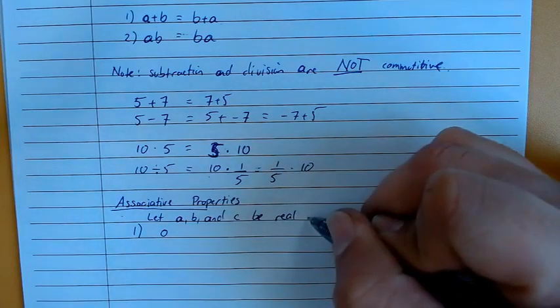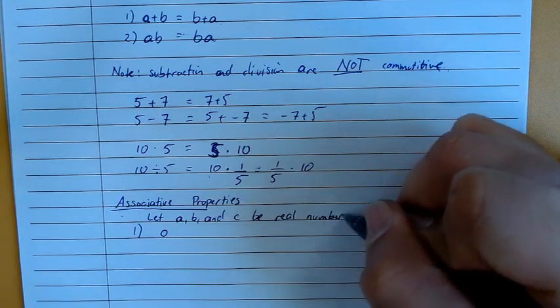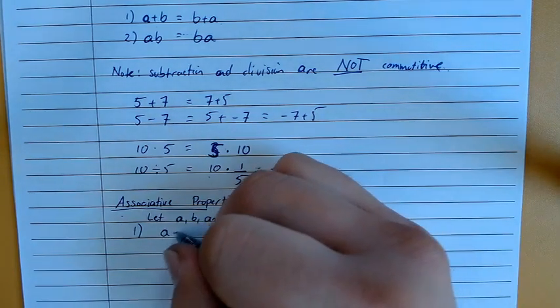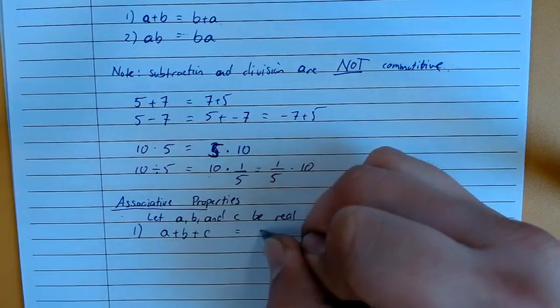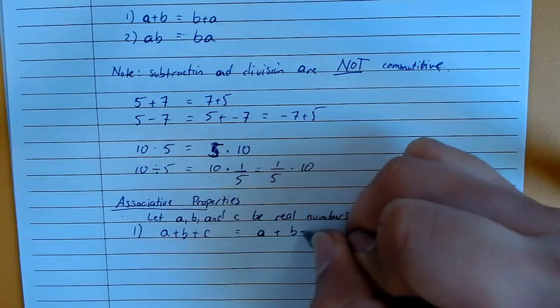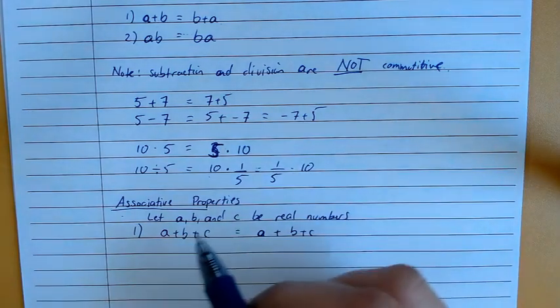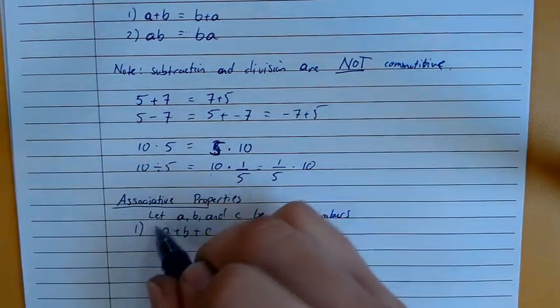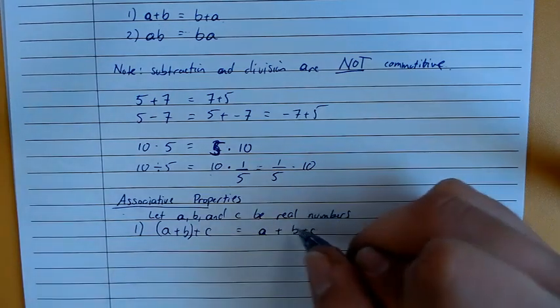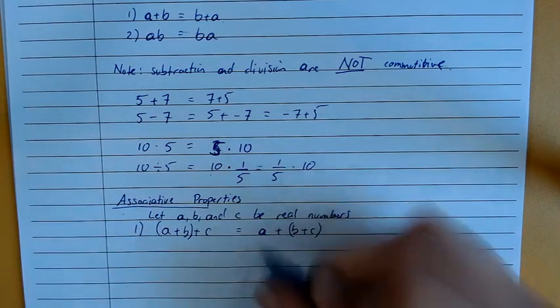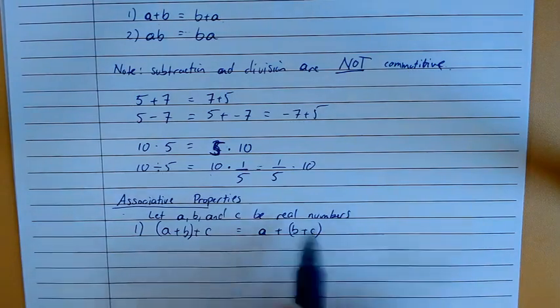Any real numbers will do. Then (A plus B) plus C is equal to A plus (B plus C), regardless of how we group things. So if you say A plus B first and then C, or if you say B plus C first and then A, these still mean the same thing.